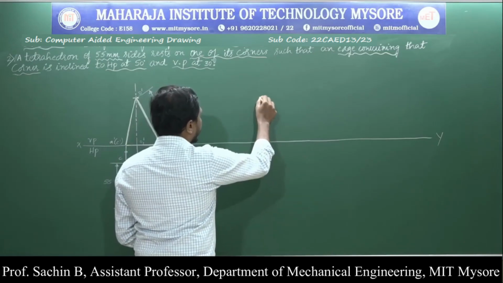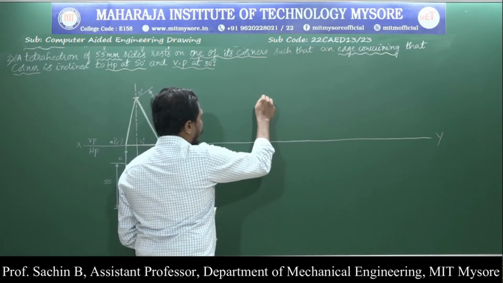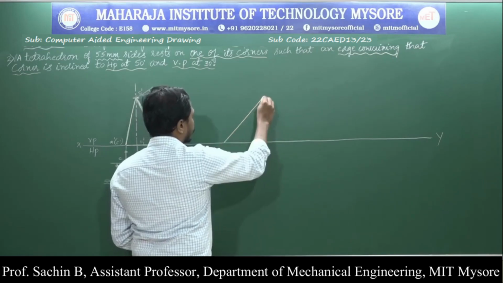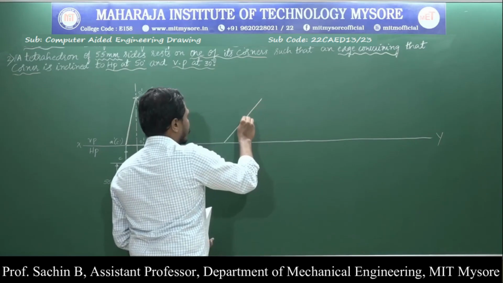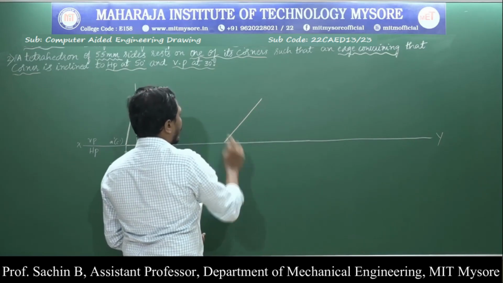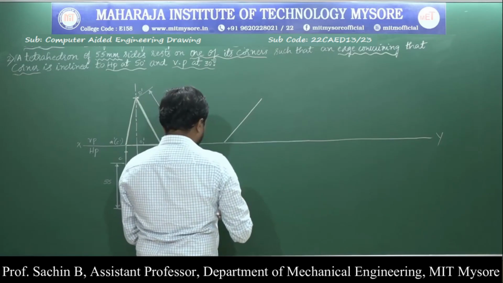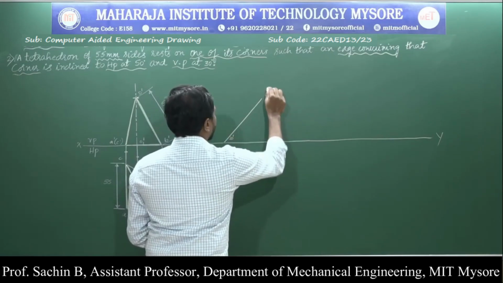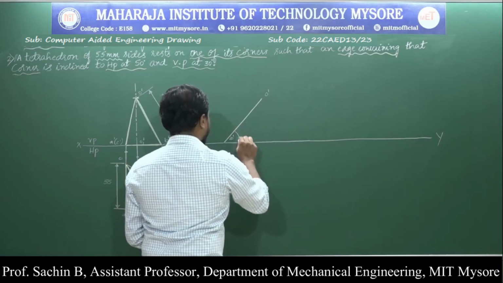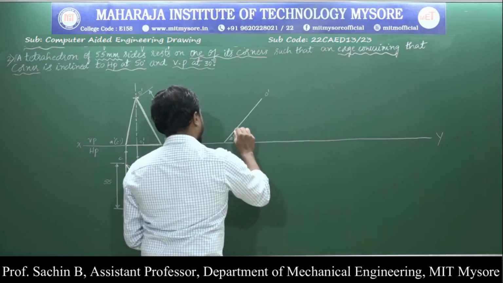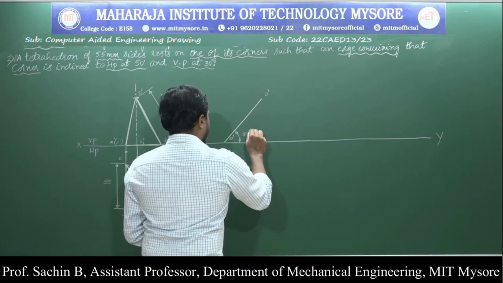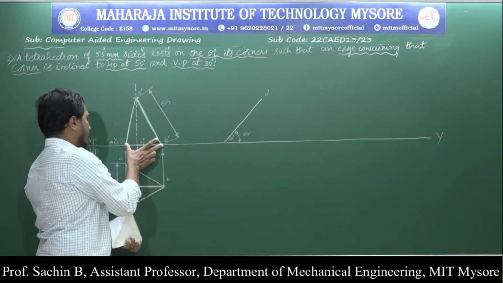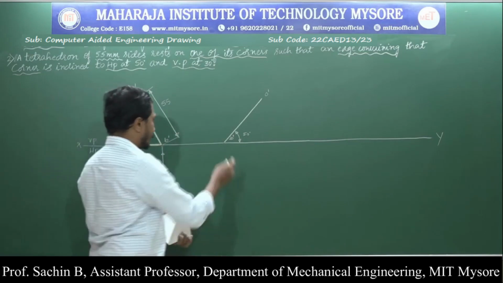I am going to draw an inclined line at an angle of 50 degrees. I am going to call this B dash point and this point O dash point. Now I am going to measure from B dash to A dash to get the base part.